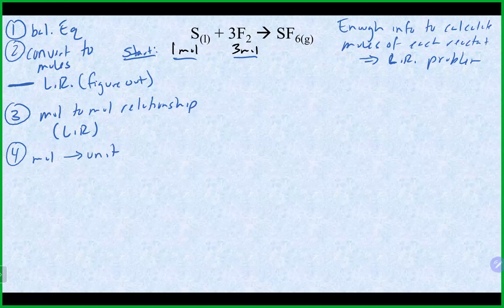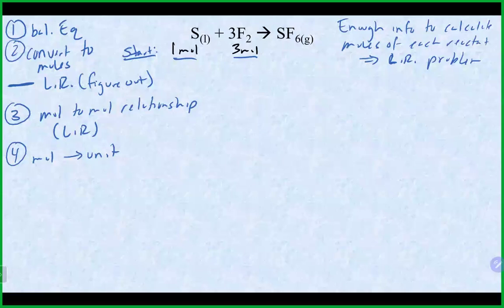A very, very common misconception people have about limiting reagents and how to figure out which one's the limiting reagent is they will convert to moles like we have here, and they will look at it and go, okay, that's a smaller number of moles, so that's the limiting reagent. And that is not always the case. You do have to actually do a calculation to determine which one's the limiting reagent.